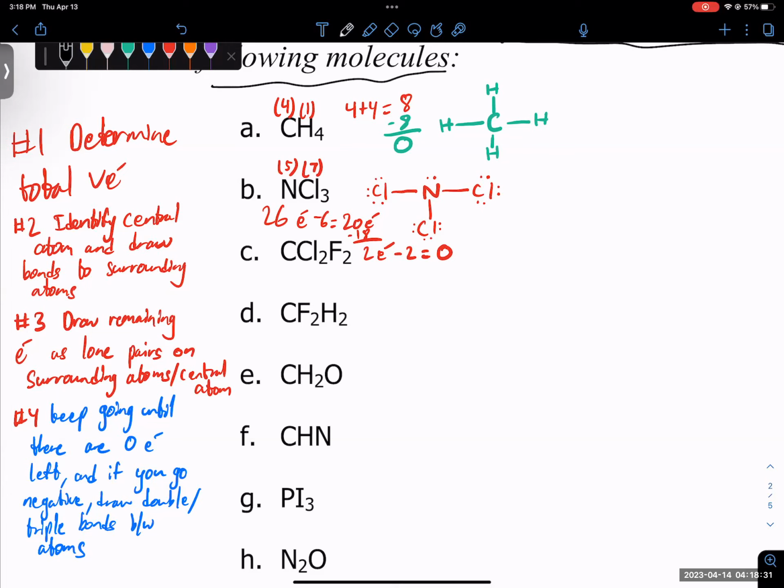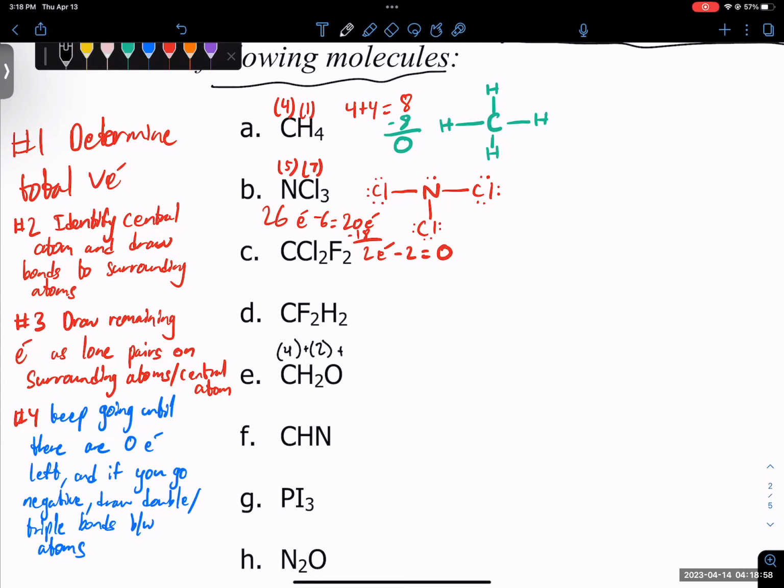Thank you, Sydney. And then hydrogen has 1 valence electron, but we have 2 hydrogens, so each one contributes 1, for a total of 2 valence electrons from the hydrogen. So we have +2.